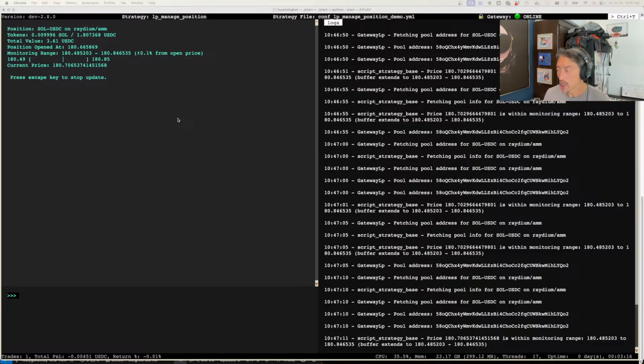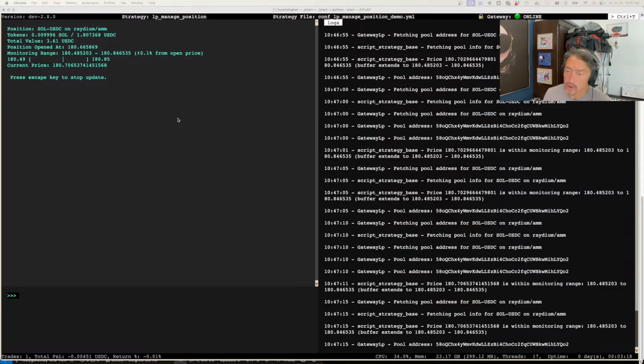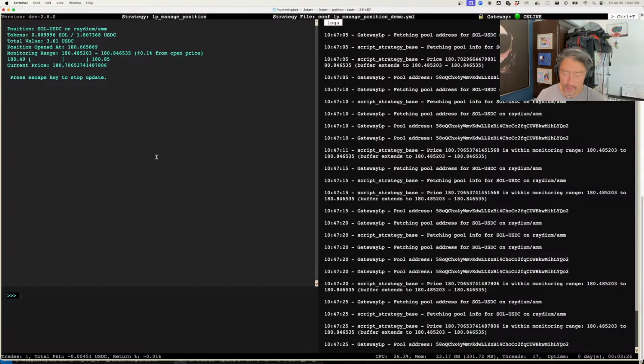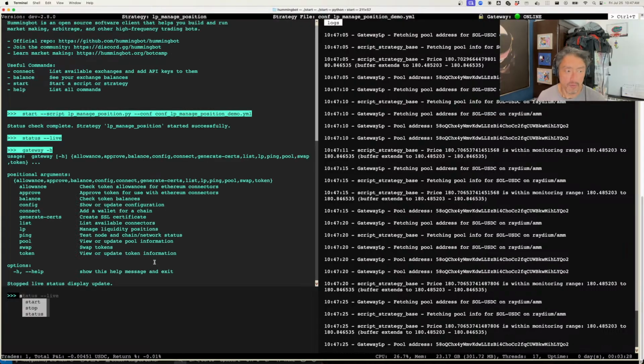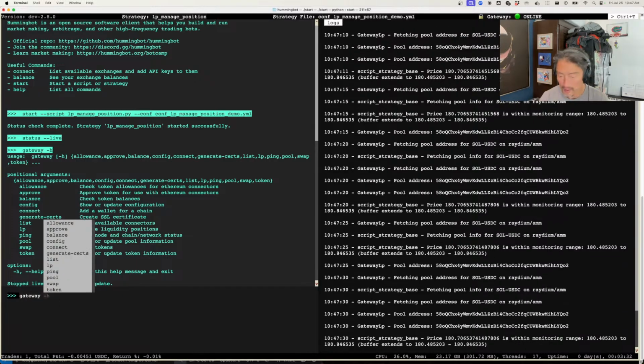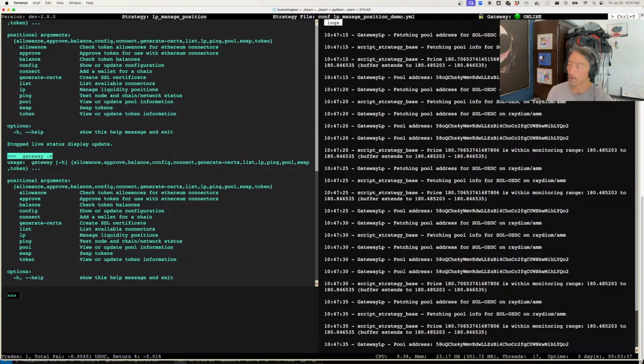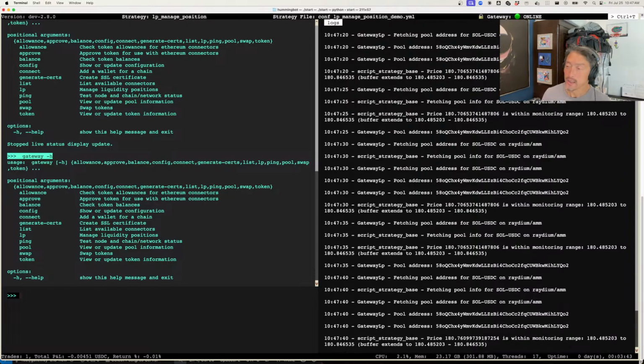The key changes, just to summarize, that we're introducing in 2.8 are this command structure, which allows you to do swaps and to do LP. I'll stop the live update here. I think the command layer is the main difference with Hummingbot in 2.8, where now with Gateway you can do a swap and you can do LP transactions directly from the CLI.